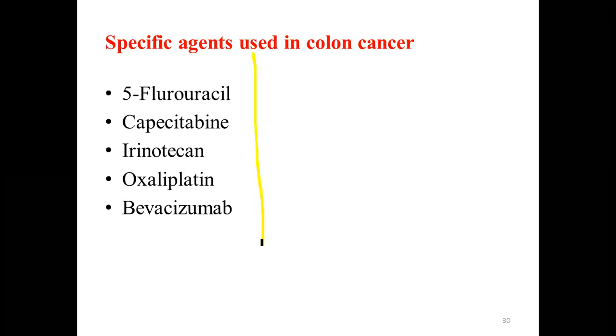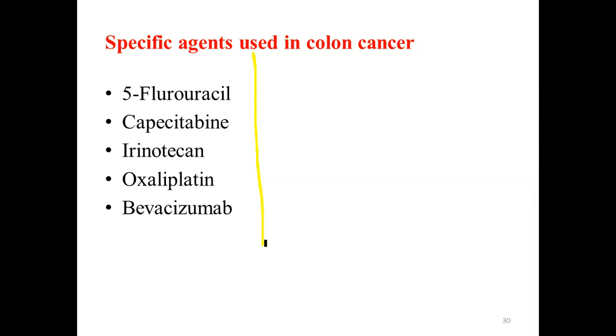Okay, so any questions so far? Any question? Sir, yes, please. What did we say bevacizumab does for colorectal cancer? Bevacizumab is one of the monoclonal antibodies that prevents angiogenesis in colorectal cancer patients.